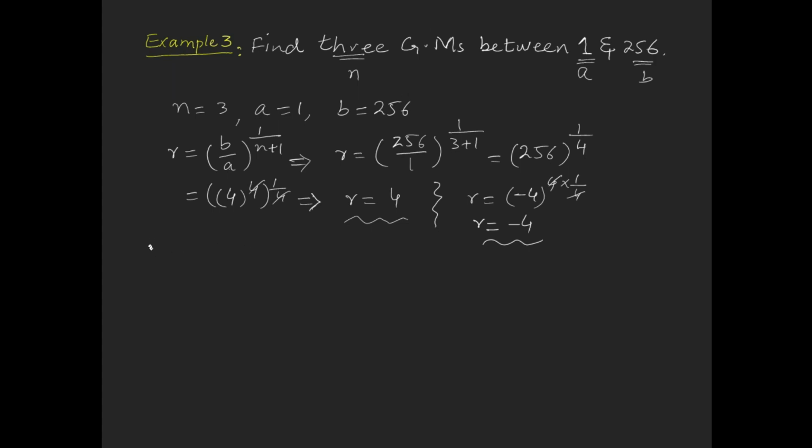For the first value, R is 4. For R equal to 4, put first A is equal to 1, and then first geometric mean, second geometric mean and third geometric mean, 3 geometric means, and then B. We will each time multiply the previous term by 4, because R is 4.